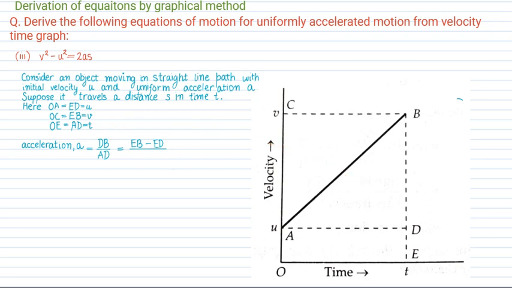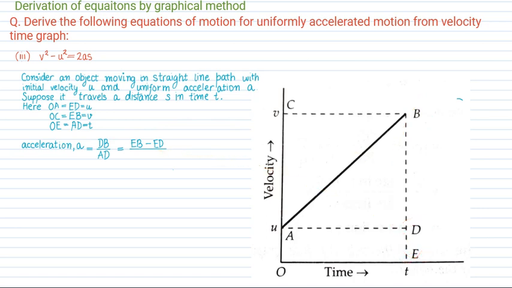So dV represents the difference between EB minus ED. From this total length, if I subtract this length, I remove this part of the length, then I will get BD. Fine. So BD can also be written as EB minus ED.